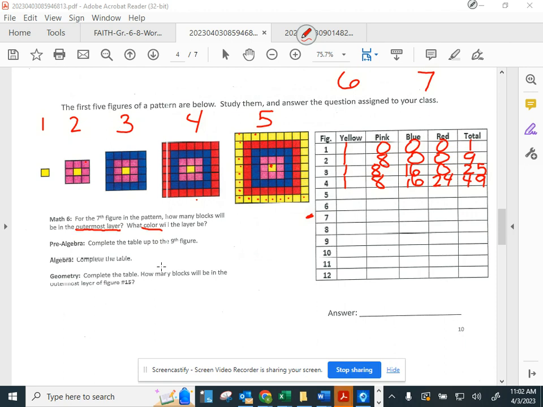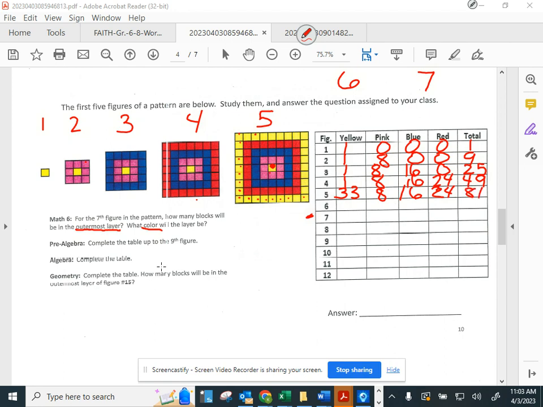So there were 32 on the outside, plus the 1 in the middle. So there are 33 yellows, because we count the one that's in the middle and the 32 on the outside. How many pinks? Pinks didn't change, there's still 8. How many blues? That doesn't change. How many reds? That hasn't changed. So how many is that all together? 81.